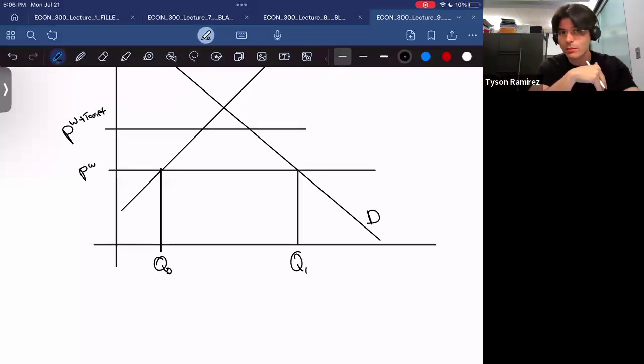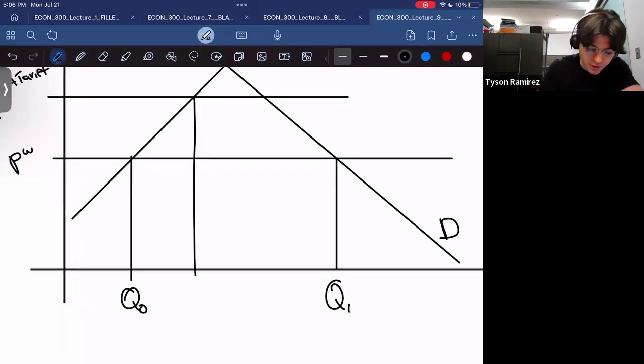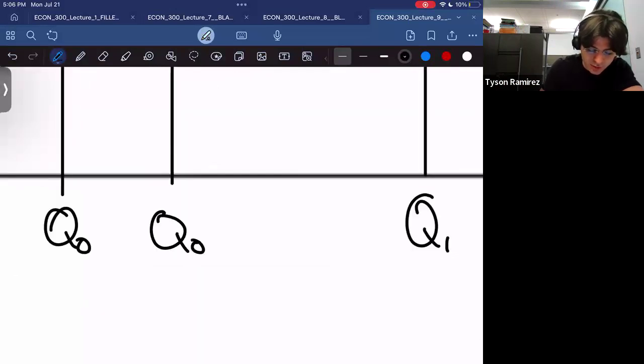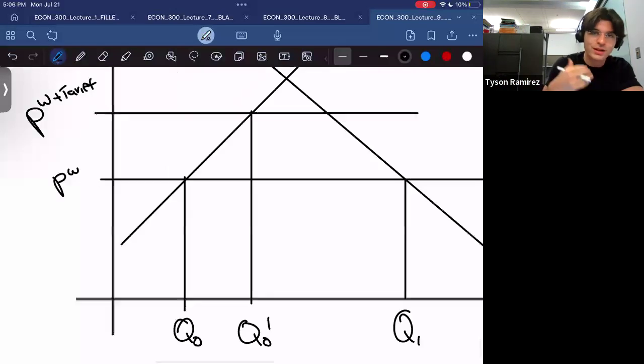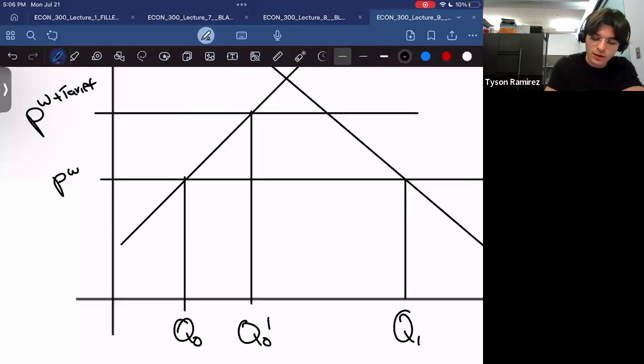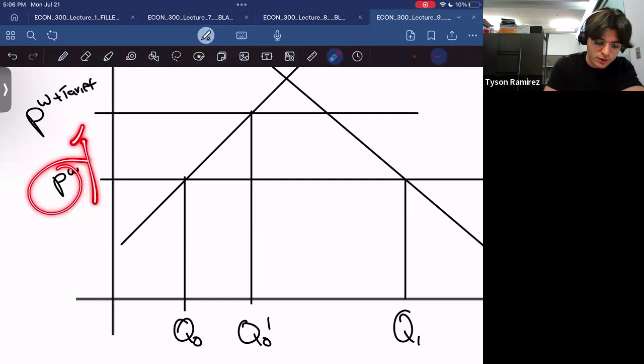They're able to be a little bit more competitive because the price has gone up. So now they're willing to sell Q prime amount of things because they will receive a higher price for those things.